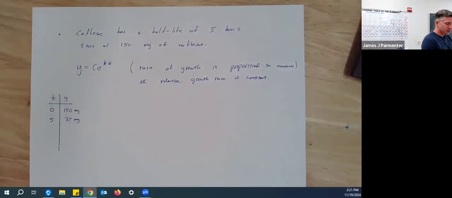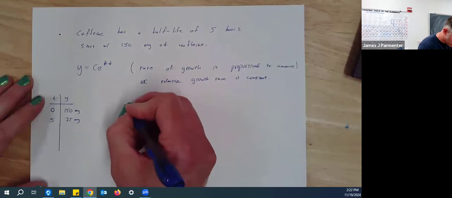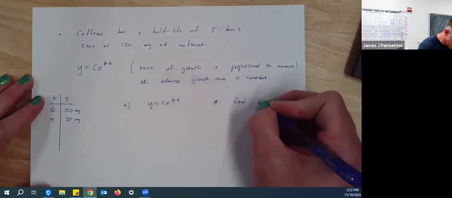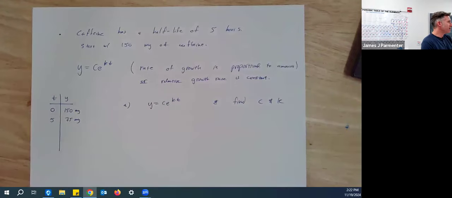Okay. So then the first question, part A, asks us to write down an equation for the amount of caffeine t hours after we ingest it, which really just means start with your model and find the constants C and K. That's what that means when they're asking you to write the actual constants, not just the generic ones.